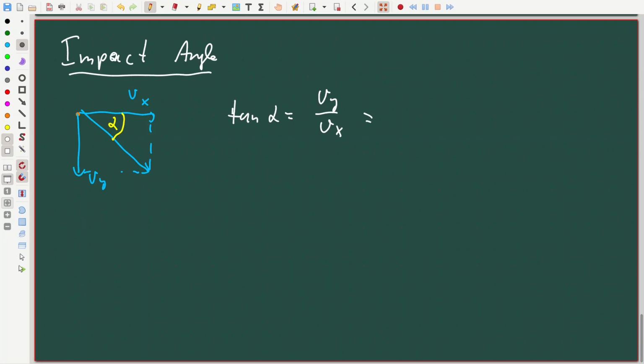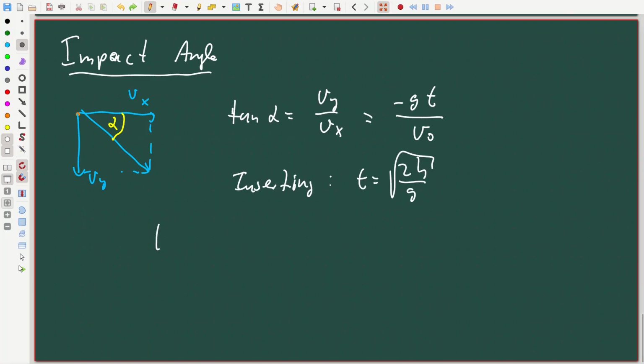And we have already said before that vy can be calculated as minus gt. And our value in x direction does not change. This is again v0. And then again we can insert our time of a free falling object, which is the square root of 2h divided by g.